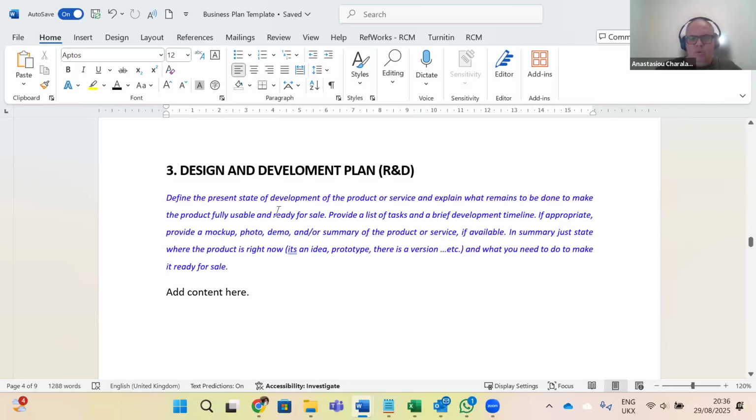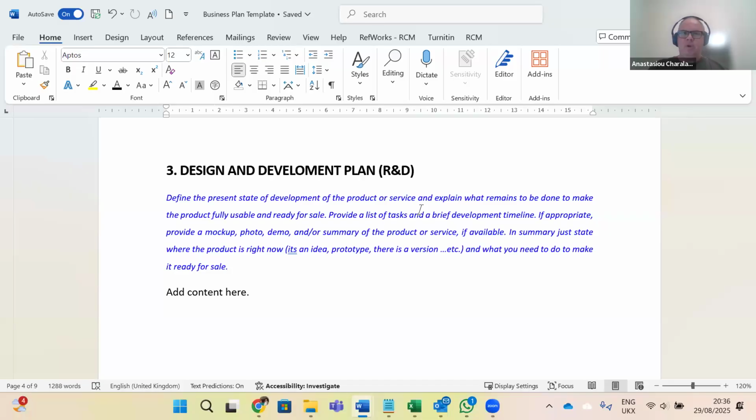Now here we go to maybe a more familiar section for most people, especially if you're in academia. This is the R&D plan. Okay, so you have a problem statement. You have done some work already. You have some technology, and now you want to create a time plan to say that I need to do this and this and this and this in order to have a usable product.